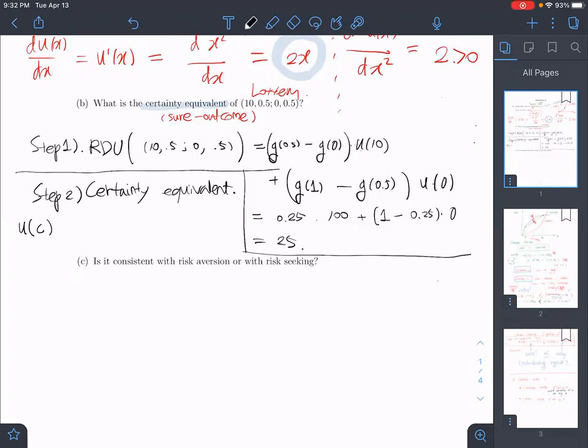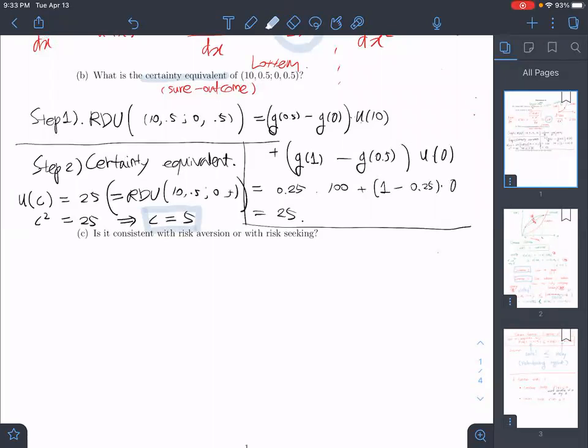So we need to find the value C such that it becomes 25. Of course, that 25 is coming from the RDU of (10, 0.5; 0, 0.5) from step 1. So C squared should be 25. What does that imply? C should be 5, if we don't accept a negative value. Okay. So question B is done.